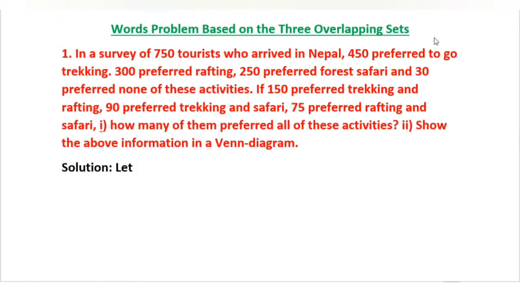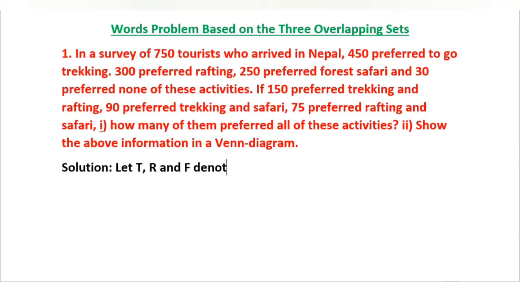450 prefer to go trekking. Let T be trekking, R rafting, capital letters you need to suppose, and F for safari.